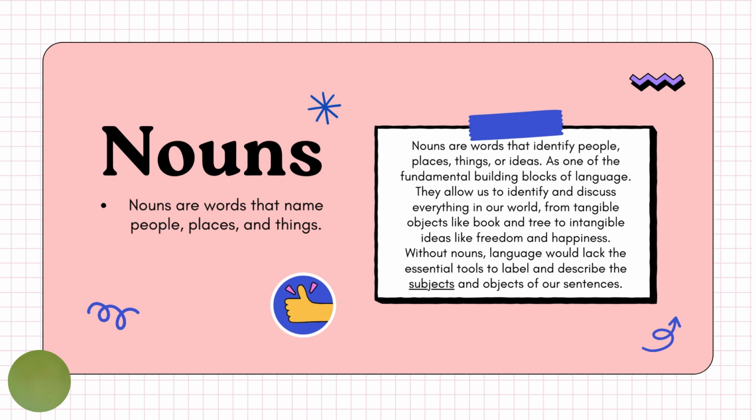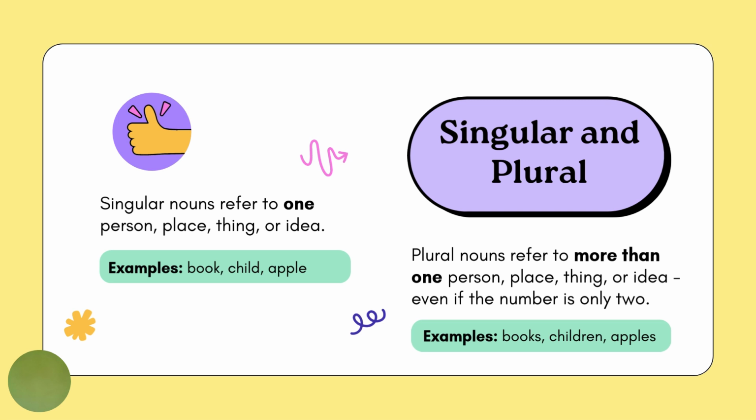So if your sentence has no subject or object, then your listener or your reader will not be able to understand the message that you want to say or to express in your sentence. So make sure to learn and understand a lot about these nouns because it's very important in your language skills.